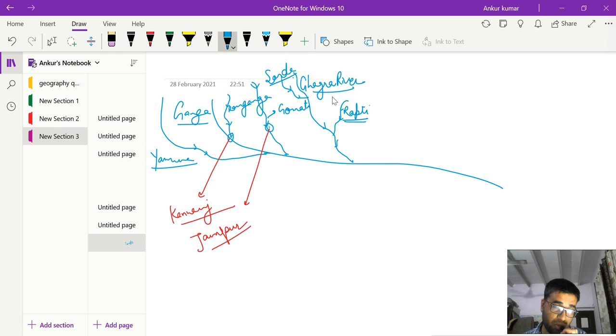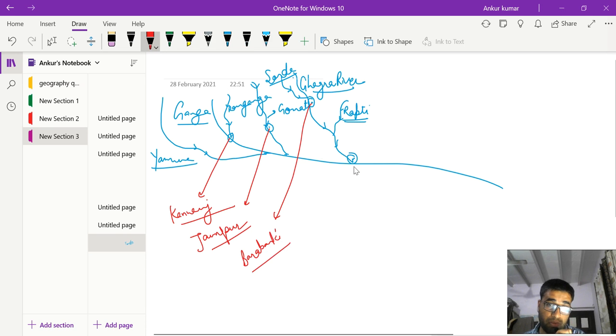Okay. And an important city on the Ghagra River here is Barabanki. So this is Barabanki. You can also remember that where the Ghagra meets the Ganga, this place is Chhapra, a district of Bihar.